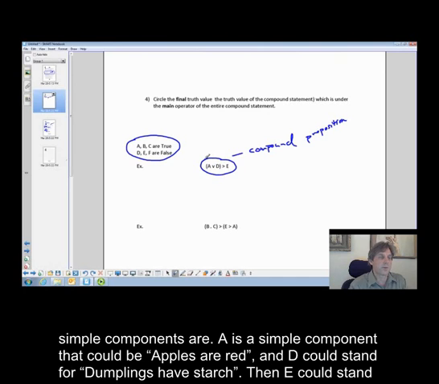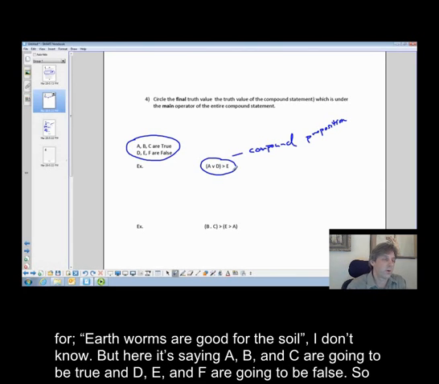A is a simple component. It could be apples are red, and D could stand for dumplings have starch. Then E could stand for earthworms are good for the soil. I don't know, okay? But here it's saying A, B, and C are going to be true, and D, E, and F are going to be false.